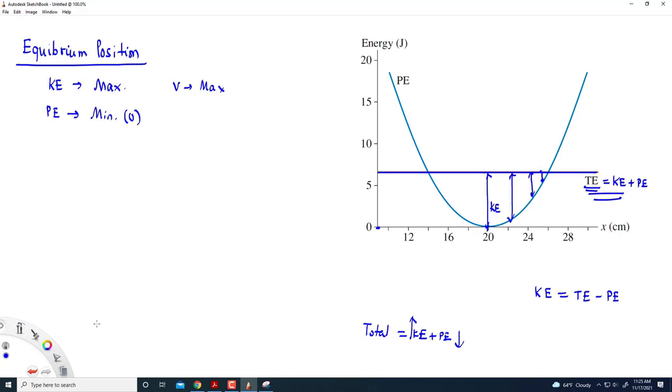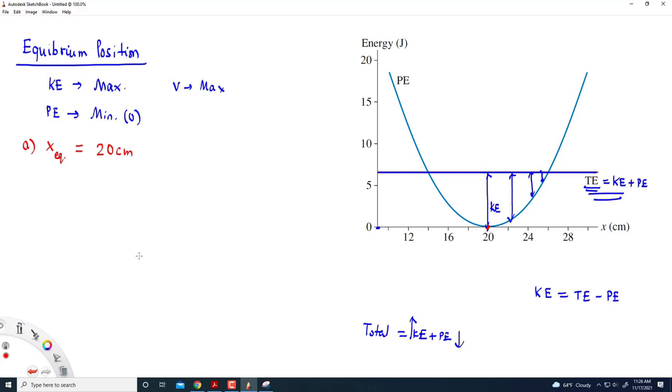That's the equilibrium position. Start from here, it's going down, potential energy is decreasing, decreasing. It's that point where it's minimum. So the answer to A is equilibrium position, x equilibrium is 20 centimeters. So that's part A.